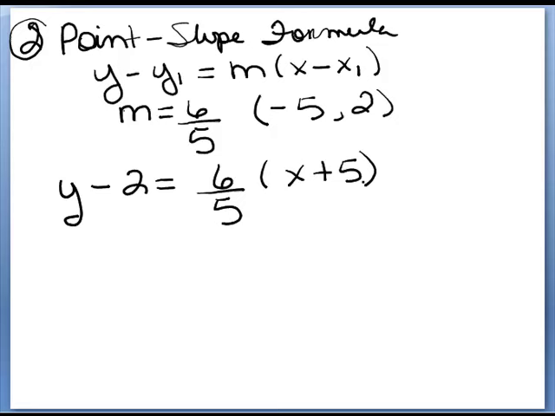So like we did in class, so we don't have to work with fractions, let's multiply every term by 5. I'm sorry, I said 2, but that should be a 5.